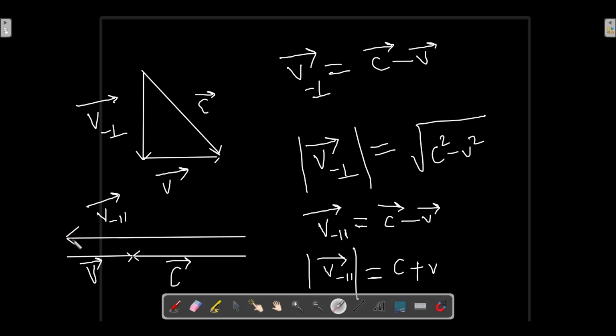V minus parallel is directed leftward, so from the geometry of the figure one can clearly say that, magnitude wise, V minus parallel will be equal to C plus V. We are taking the leftward direction to be positive, so the rightward direction will be taken as negative, and that's why all these things have come. You can have a look at this figure and reach this conclusion.